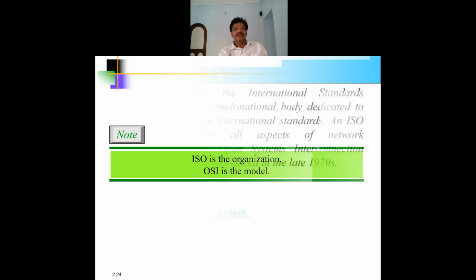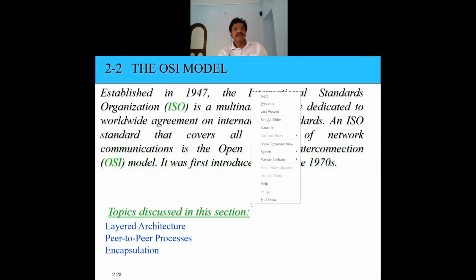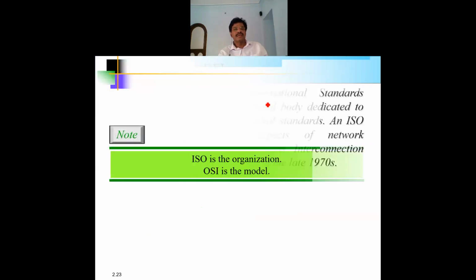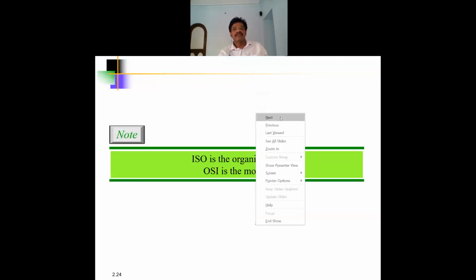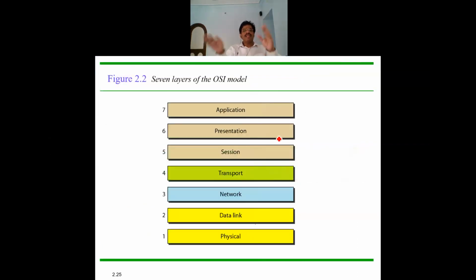The model provides us seven different layers. The model is divided into seven different configurations, which provide the interconnectivity of the sender and the receiver through these seven layers of the OSI model.